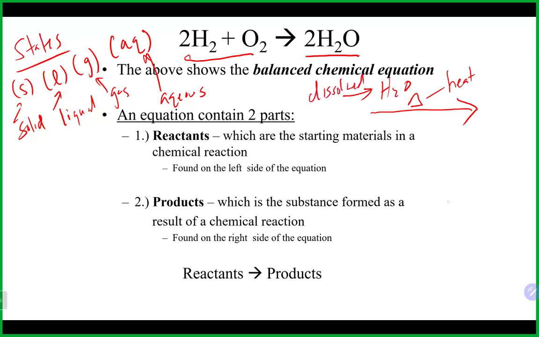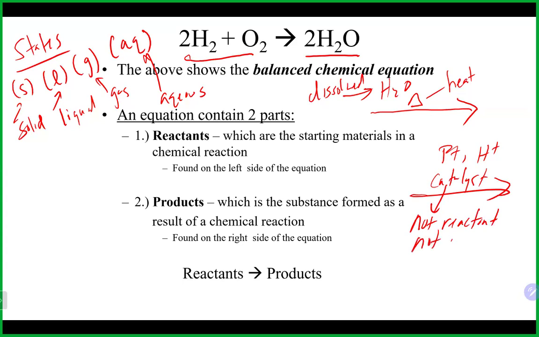And a lot of times, though, up on top of the arrow, you will see a catalyst written. And that could be something like a metal, like platinum. It could be something like H plus, which is an acid. And catalysts are not reactants. They're not products. And as we talked about, I think in the energy chapter, they do not get used up.